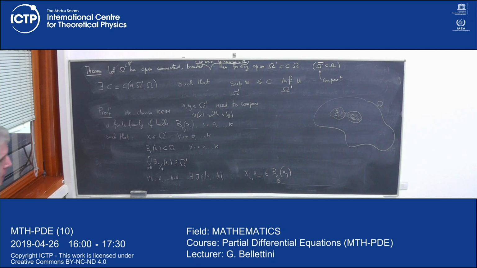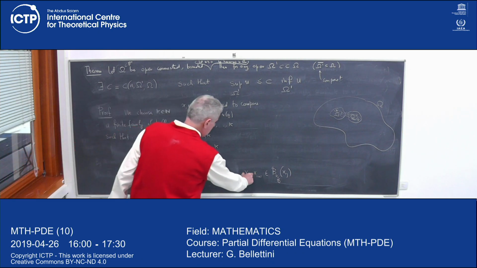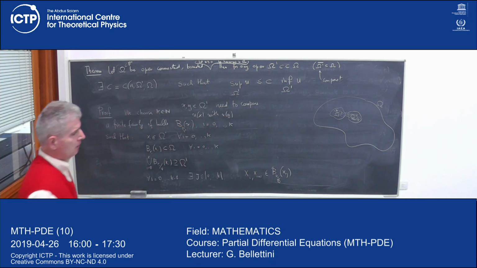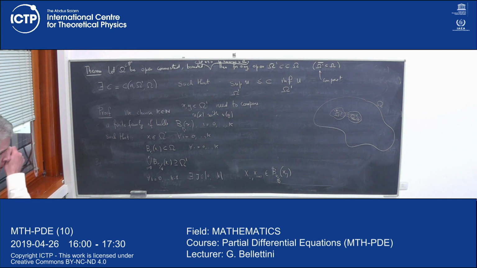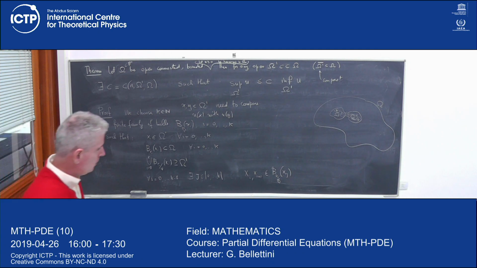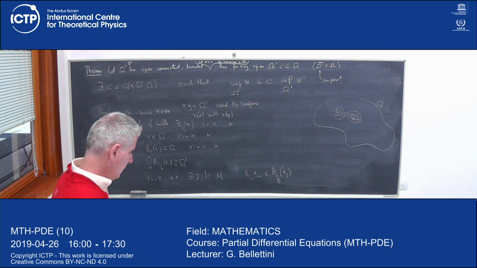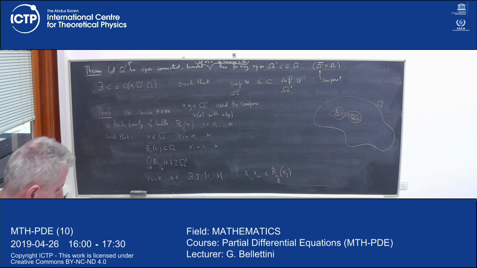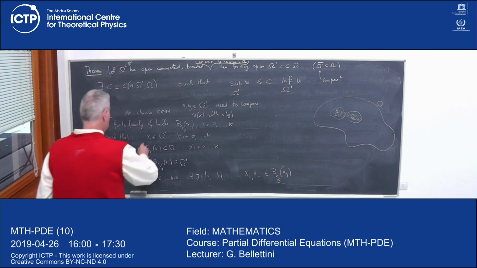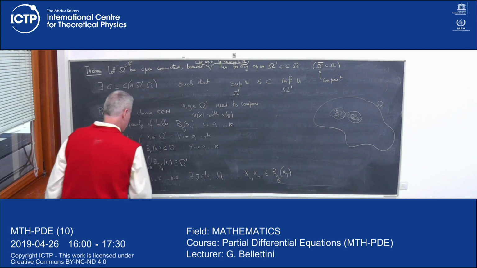So this means that the distance between the centers should be bounded by rj over 4. Okay. And yes, this seems to be so. Please check at home if all these conditions can be fulfilled.